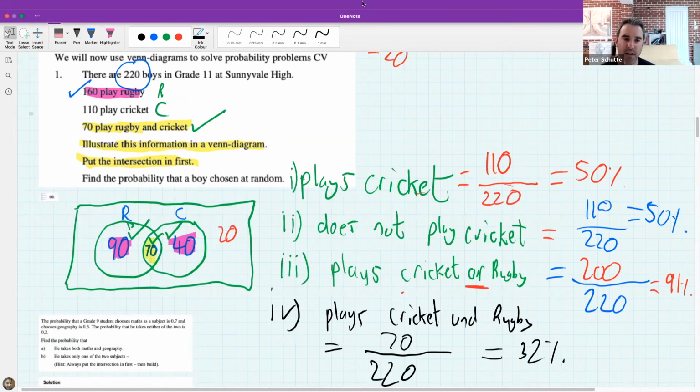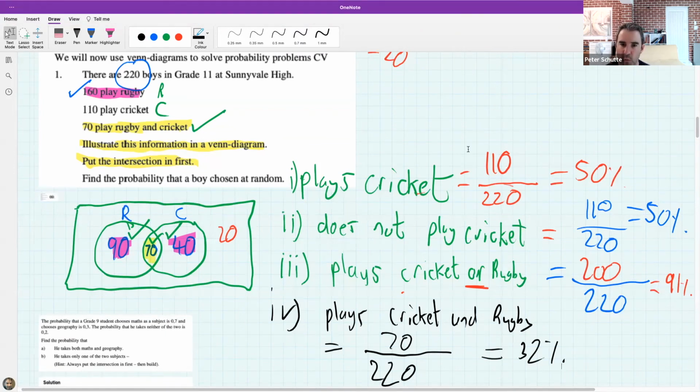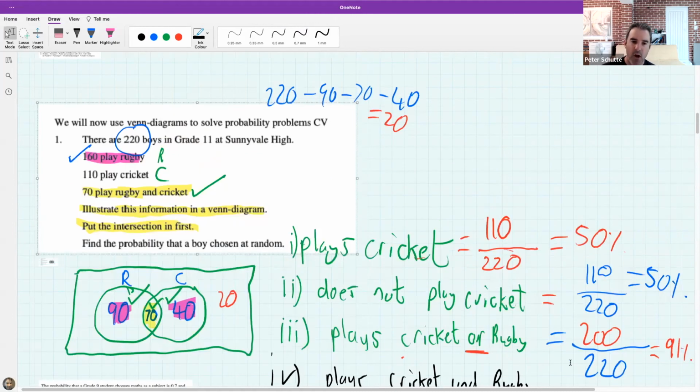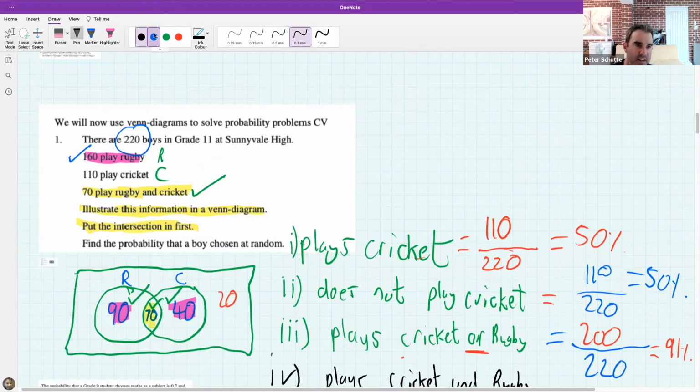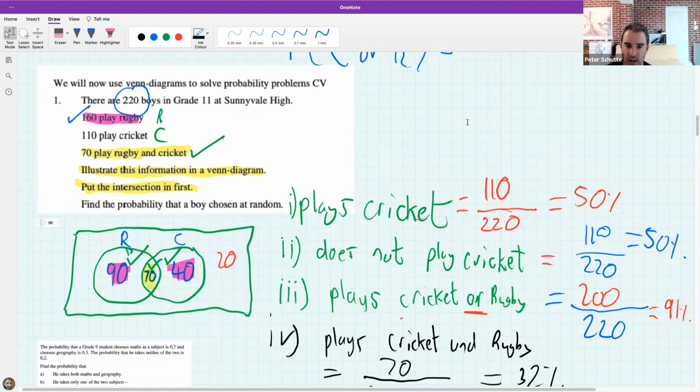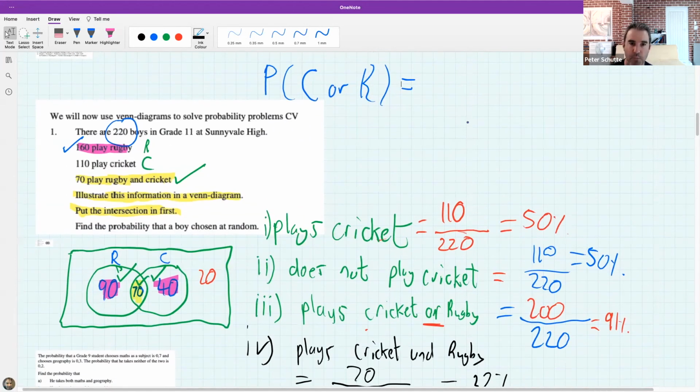Now, I want to show you something to get almost towards the end of the lesson here. Earlier in the lesson, I showed you this identity. So if I said to you, what is the probability of playing cricket or rugby, and we just showed there it was about 32% or 0.32.